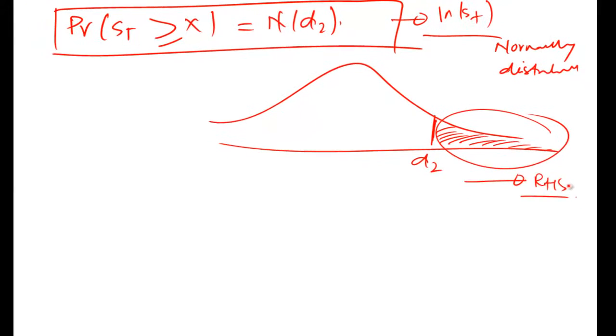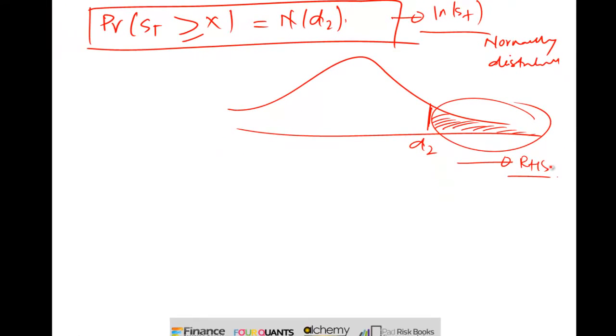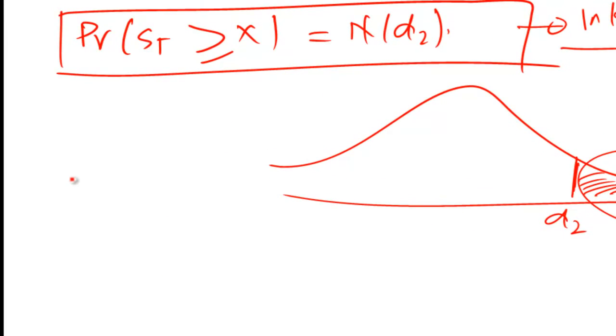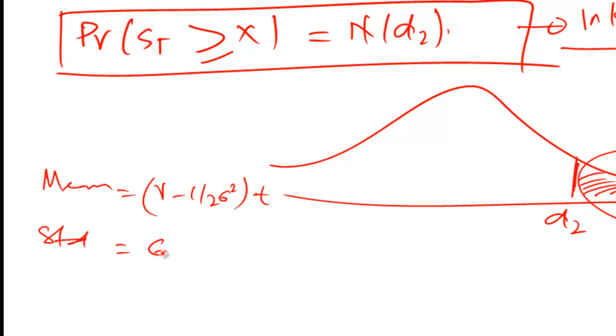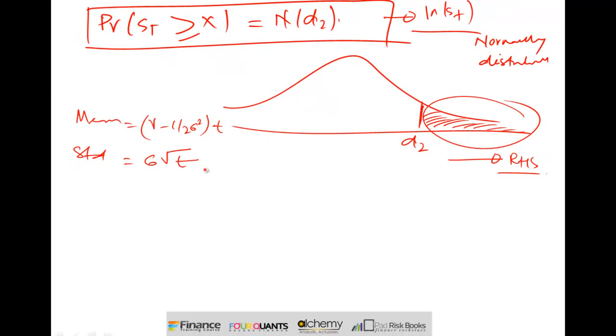So we have a distribution. We know it's normally distributed. We are given the mean and the standard deviation: the mean is simply r minus half sigma square into t, and the standard deviation is simply sigma into under root t. So what can we do in this instance to estimate a standard normal variable?